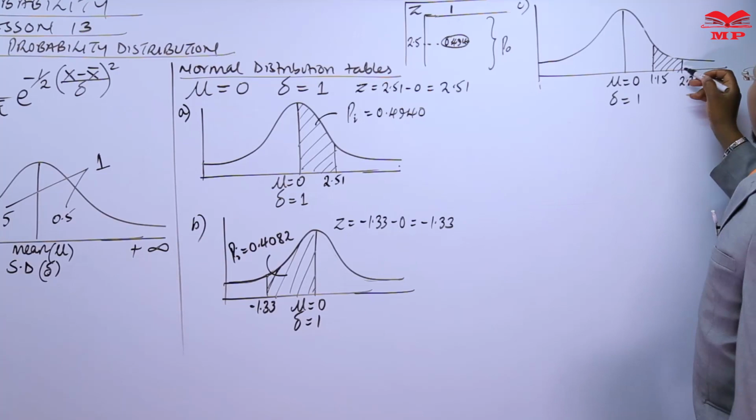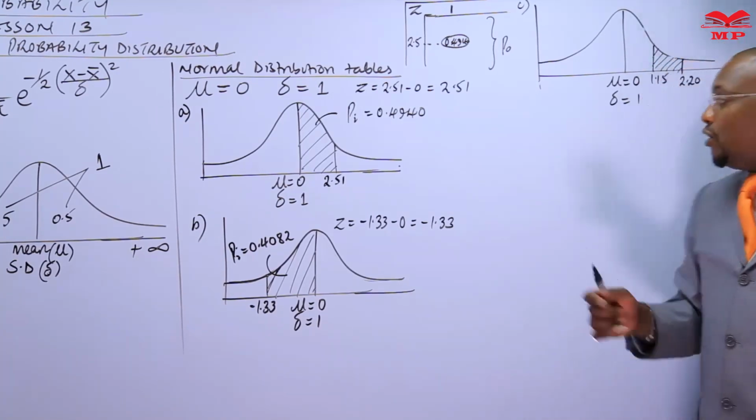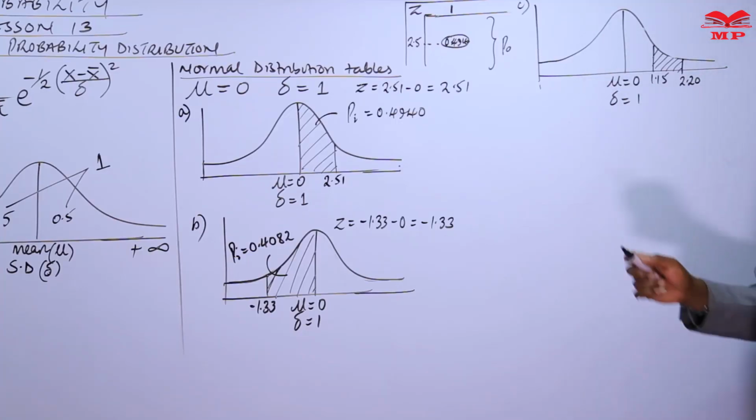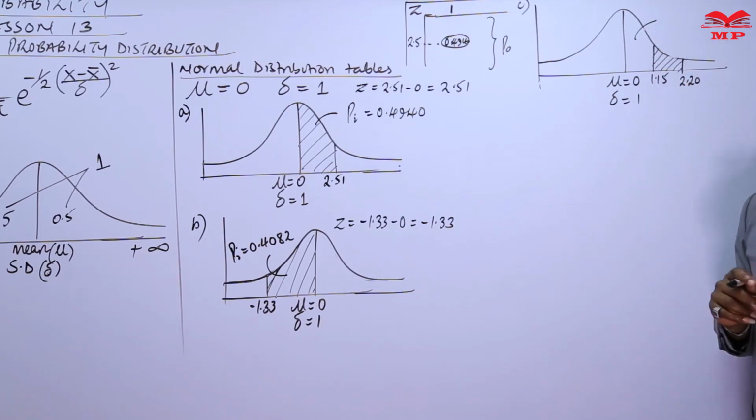Now, whenever you want an area that is on one side and not from the mean, not from the middle point, then of course, first of all, we get the area between 0 and 1.15.